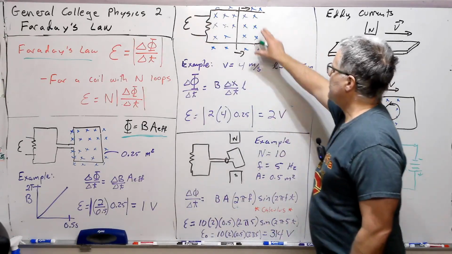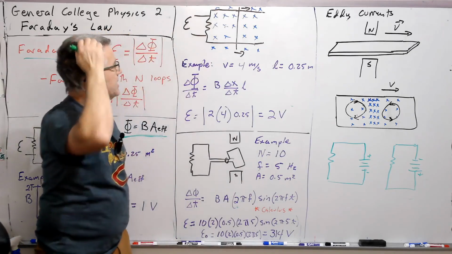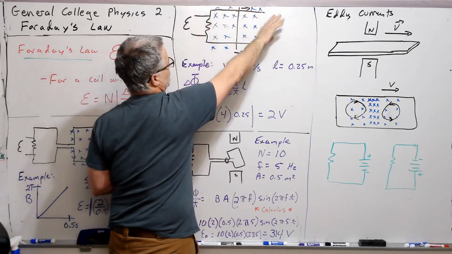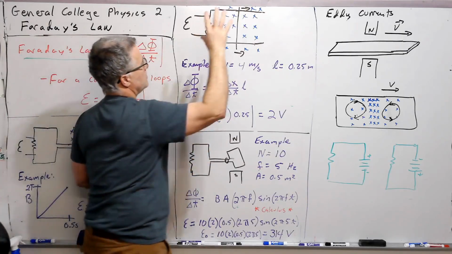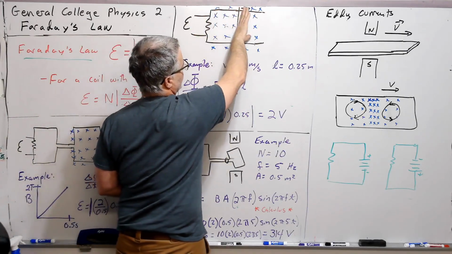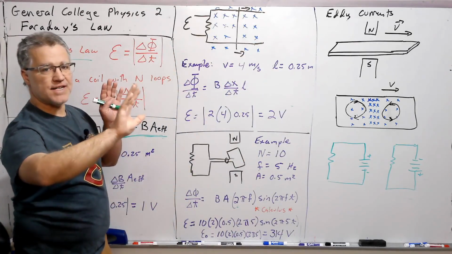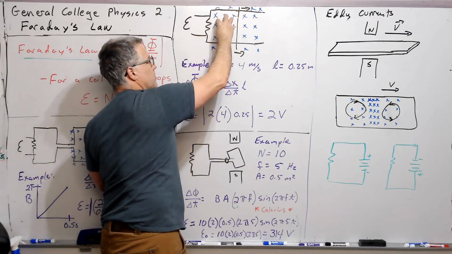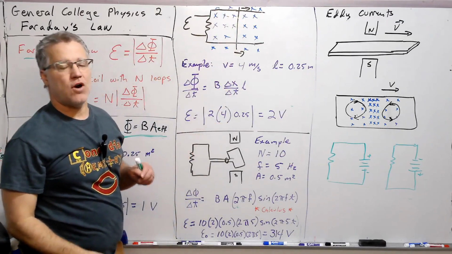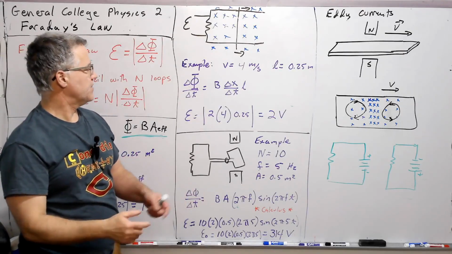Okay, let's look at our now famous example that we've used a couple of times, with this sliding rod on this U-shaped setup. It's bathed in a magnetic field, so as this rod gets pulled this way, the number of field lines going through the loop, this is the loop here, increases. So although the field is constant, the flux is increasing.